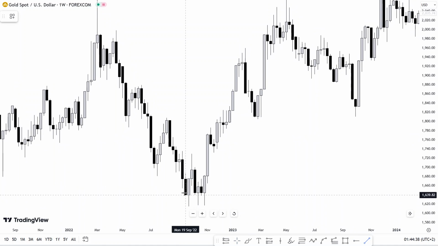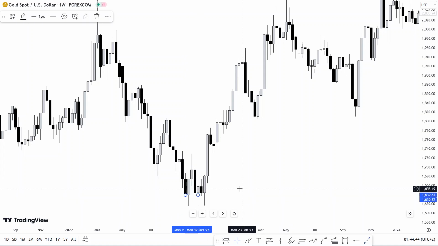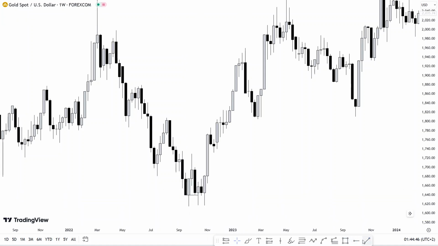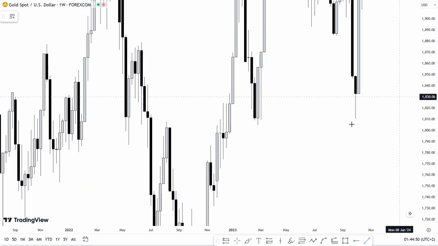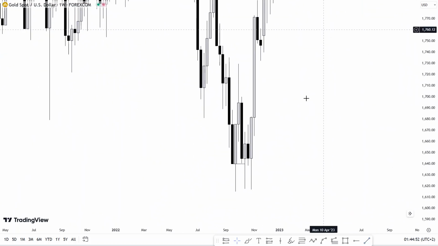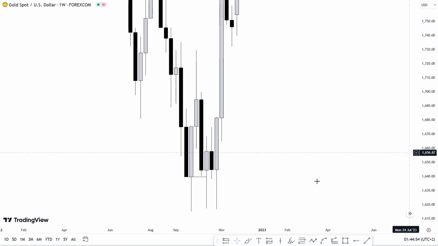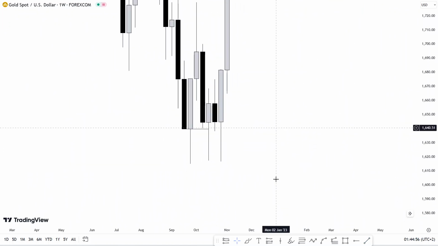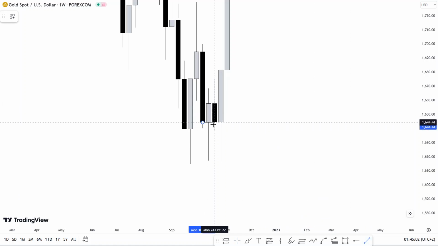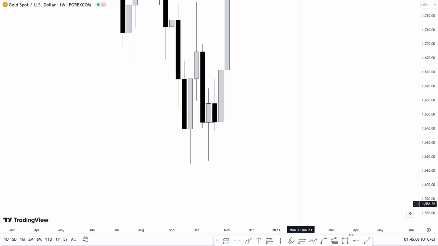This area right here had a sell and then we had a buy, right? You can mark it up like that. This area right here, if we zoom in, I'm just going to show you these areas while we're moving forward. We have a sell and then a buy right here. Even right here we have a sell, we have a buy, right?